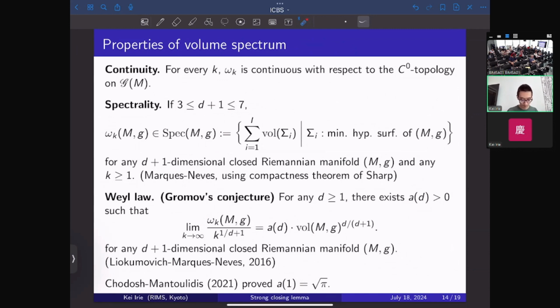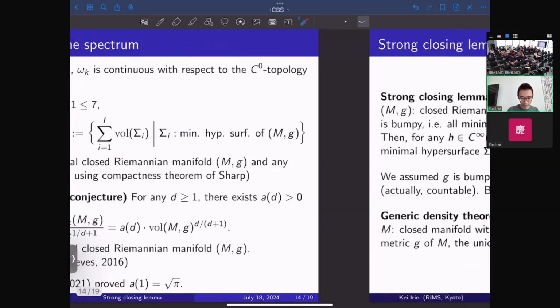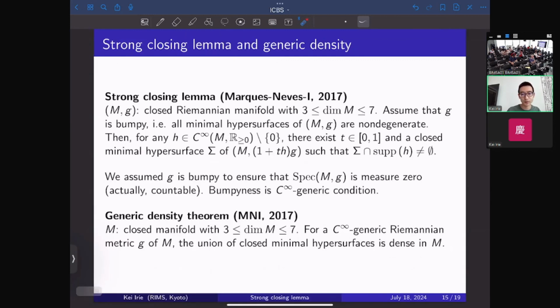Anyway, given these three properties, it is now straightforward to prove the following analog of the strong closing lemma for minimal hypersurfaces, which now I state. So let (M, g) be any closed Riemannian manifold with dimension between 3 and 7, and assume that g is bumpy. That means that all minimal hypersurfaces are non-degenerate.